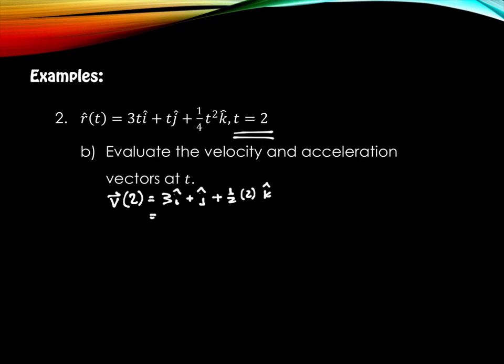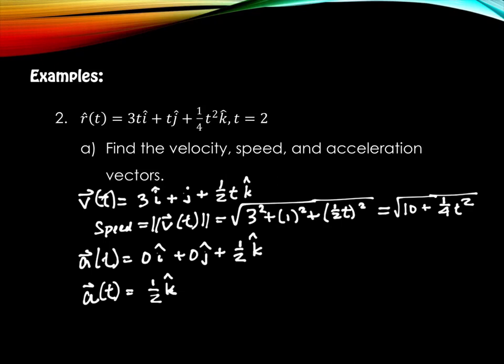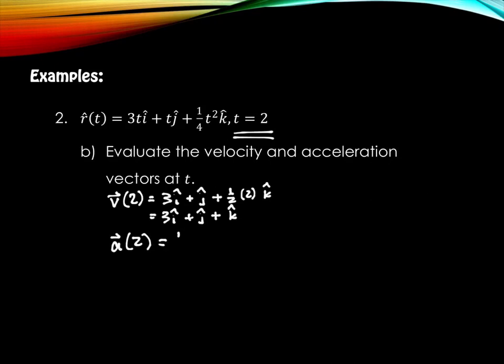So I end up with 3i plus j plus k. And then for my acceleration vector, evaluated at 2, I actually don't have anything to put it into, right? Like the acceleration vector is actually already 0, 0, 1/2, so there's no evaluation, so it's just 1/2 k.